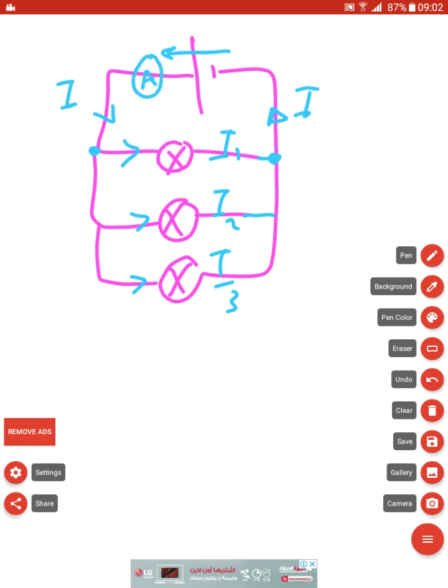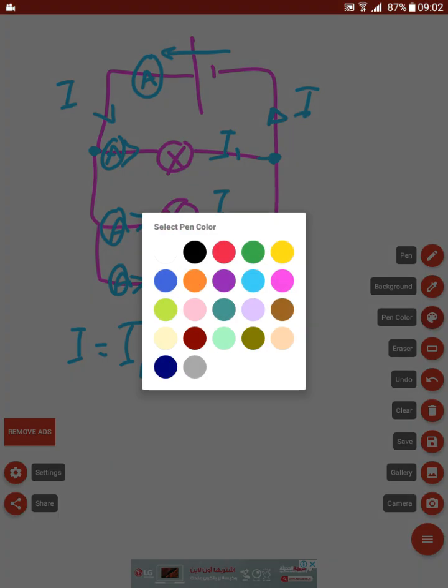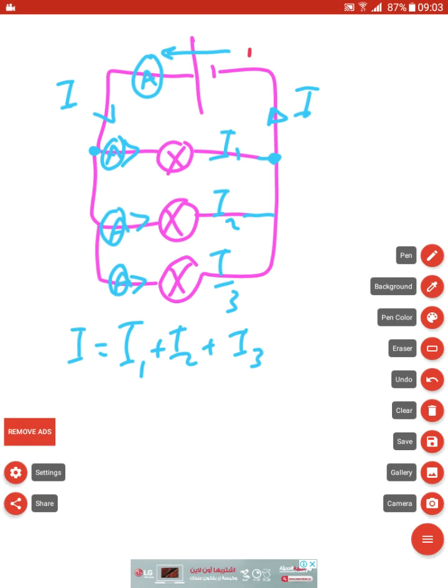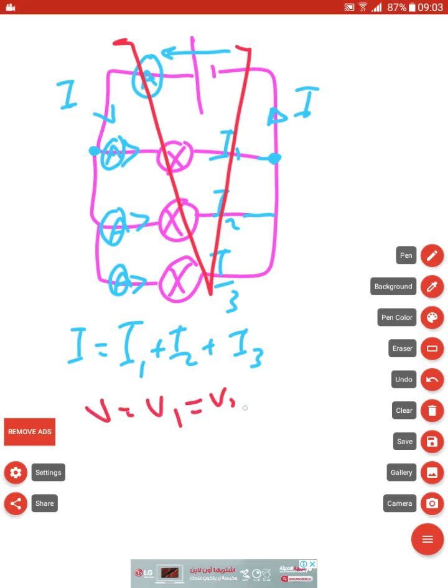So the reading of the main ammeter is larger than the readings of the other ammeters, since I equals I1 plus I2 plus I3. But the voltage reading is the same for all the bulbs: V equals V1 equals V2 equals V3.